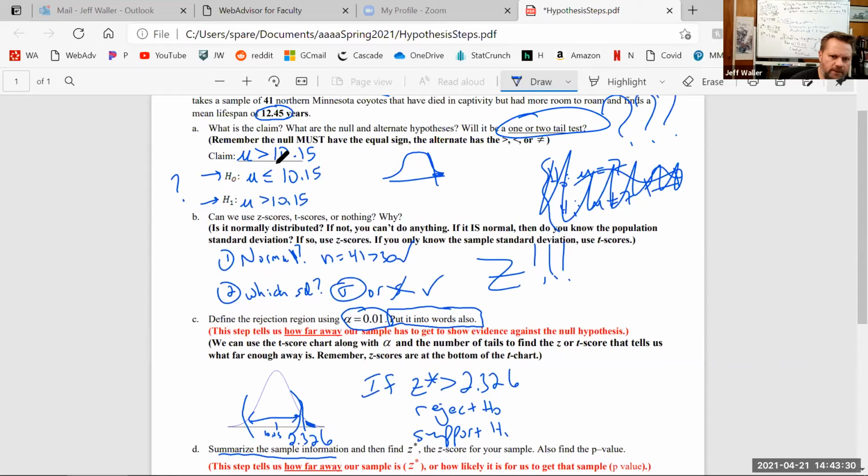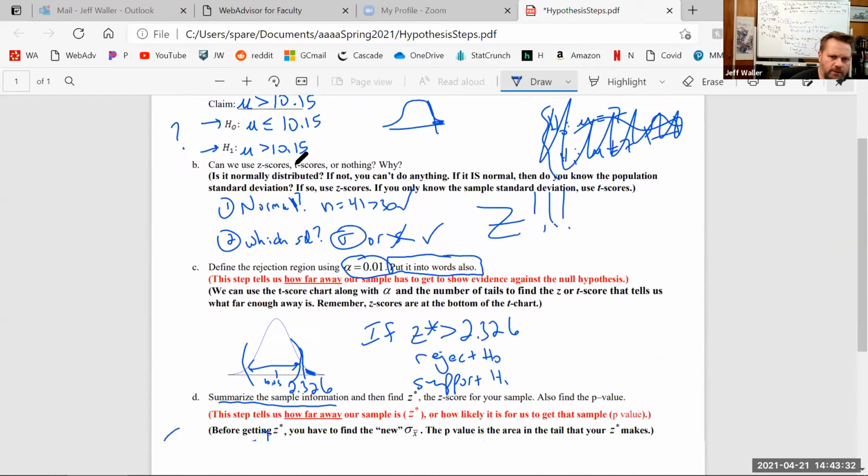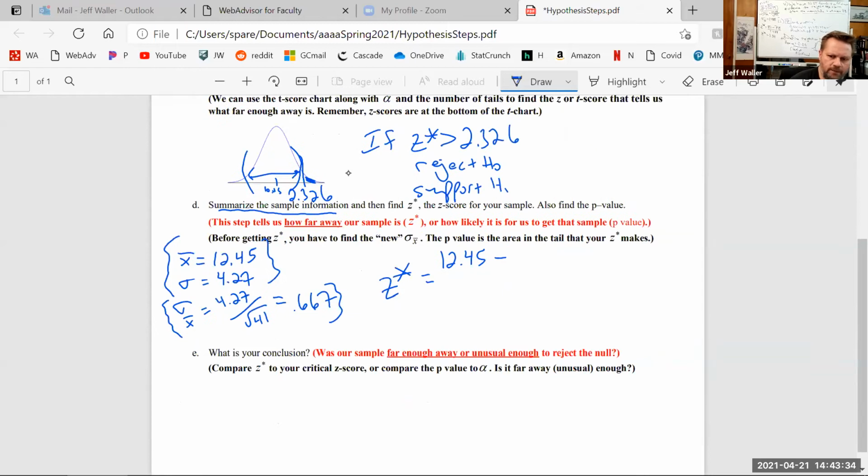So it's always going to be the number that comes from up here. That's the supposed middle, the middle we're testing, divided by the new standard deviation. Let's see, 2.3, 3.5, 1.15 times 3 is 3.45. Yeah, that's what I got.